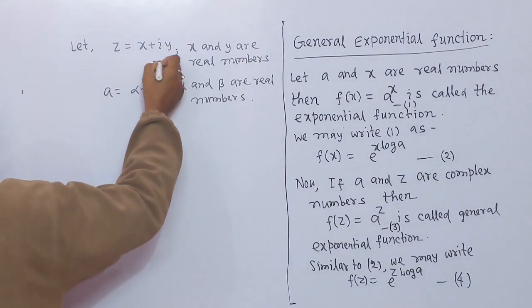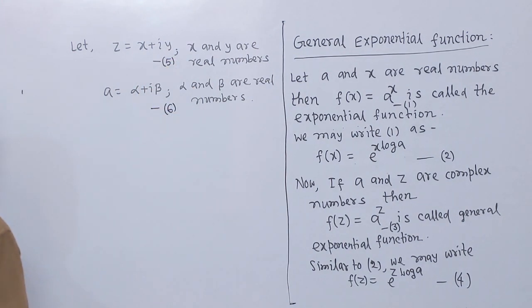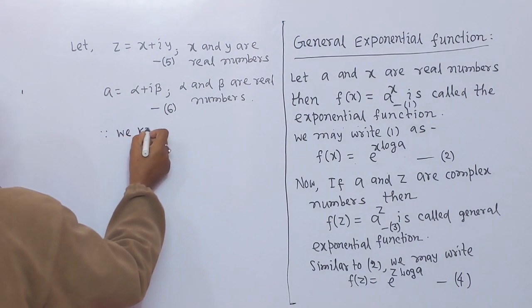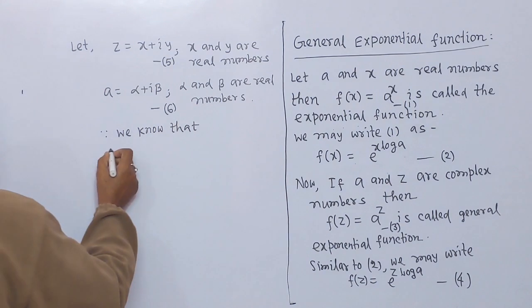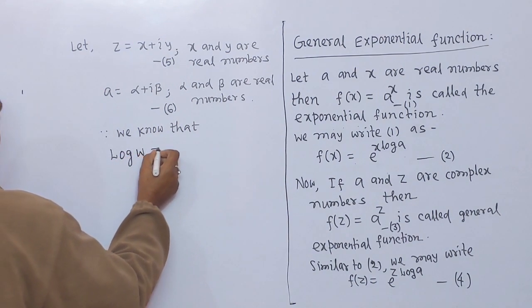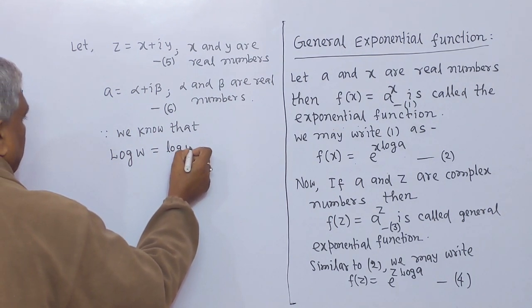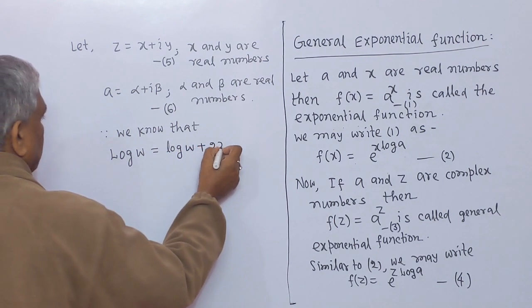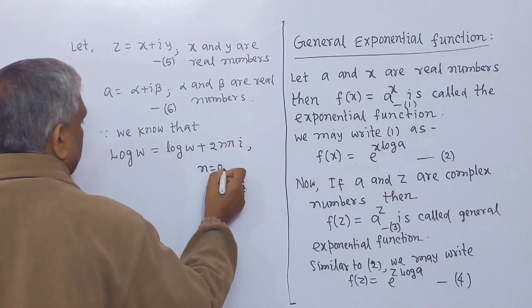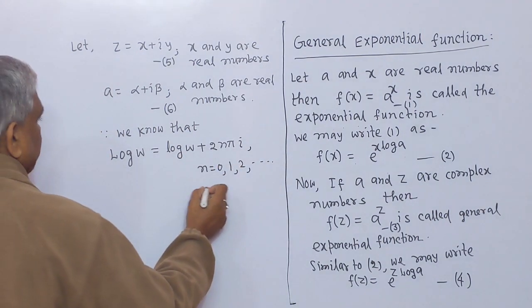This is number 5, this is number 6. Since we know that capital Log w = small log w + 2n pi i, n = 0, 1, 2, and so on. This is number 7.